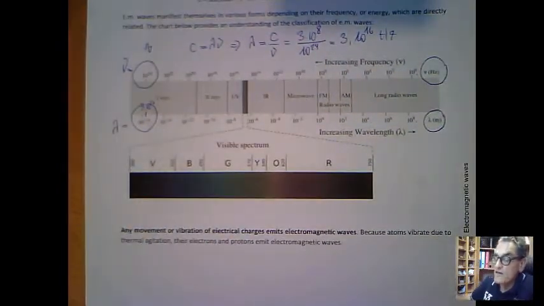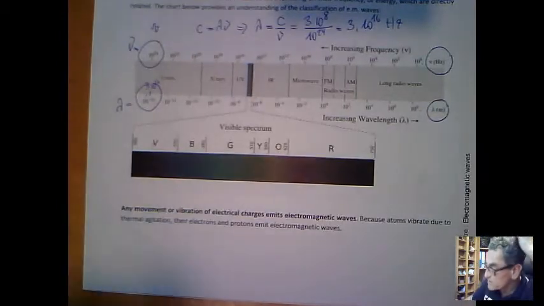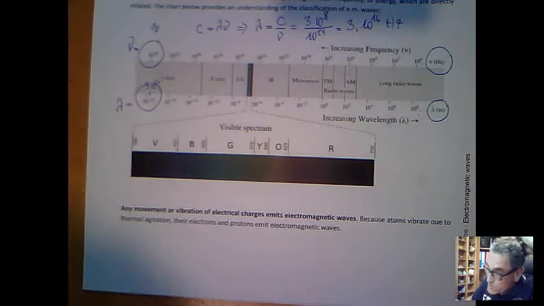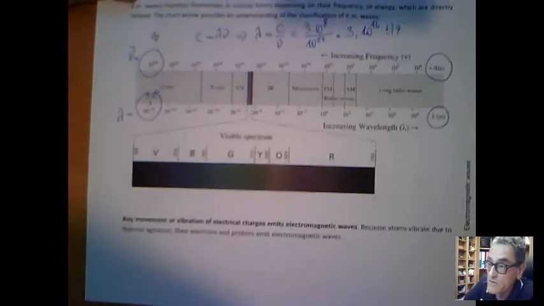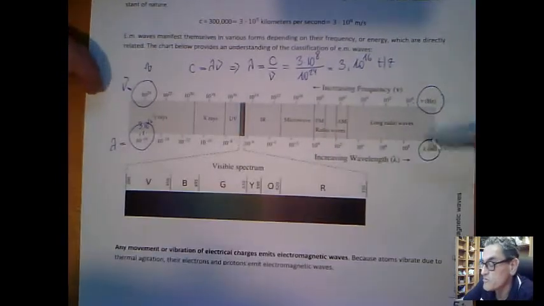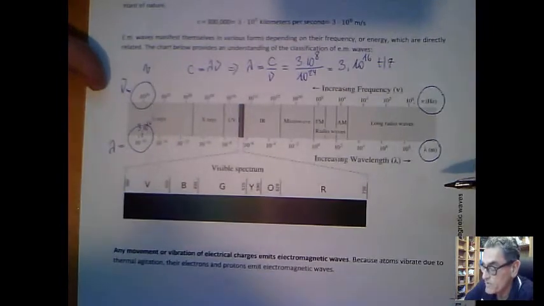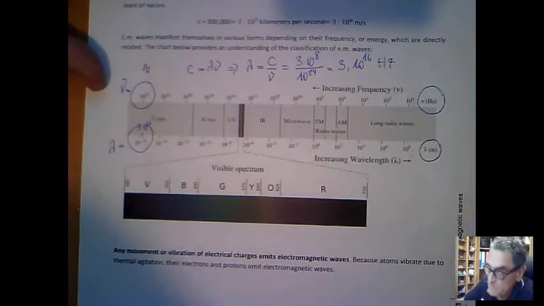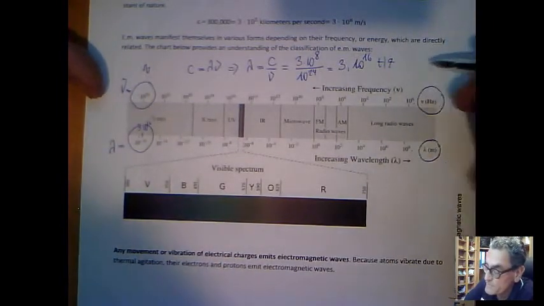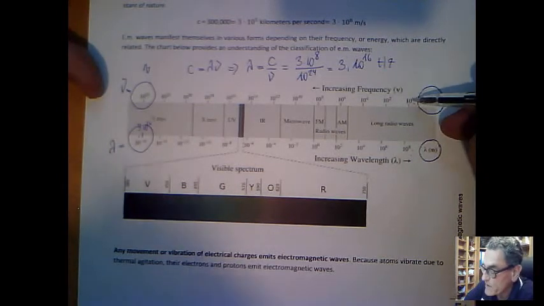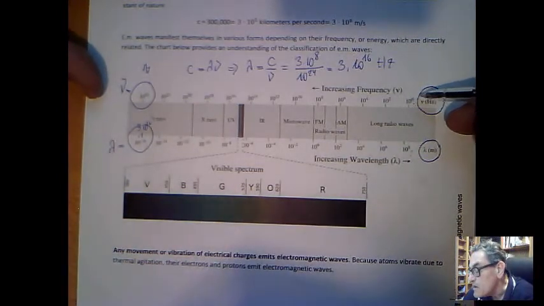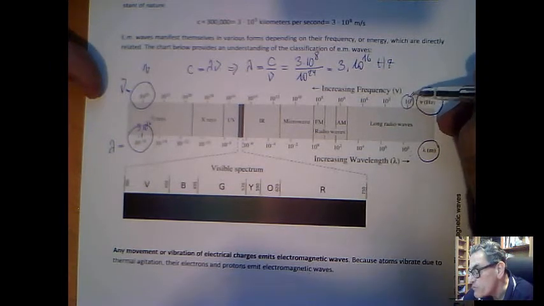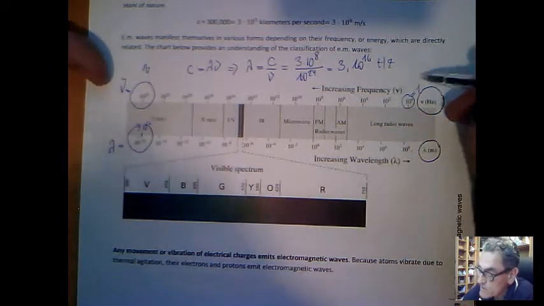Now, if you want to classify electromagnetic waves according to the frequency or to the wavelength, it's your choice. It's equivalent, okay? Because there is a unique correspondence between frequency and wavelength, right? Imagine here we have a frequency of 1, okay? This is 10 to the power 0, which is 1, okay?